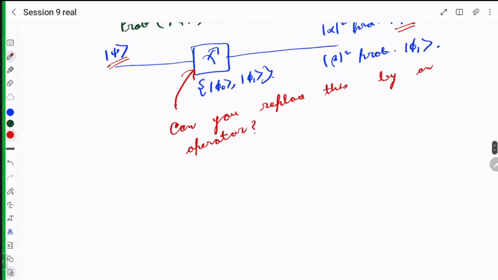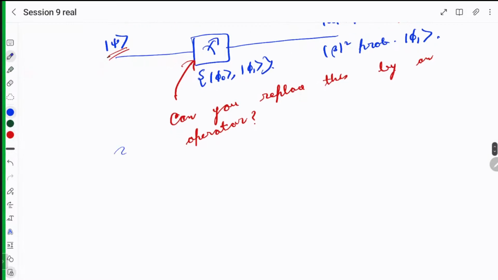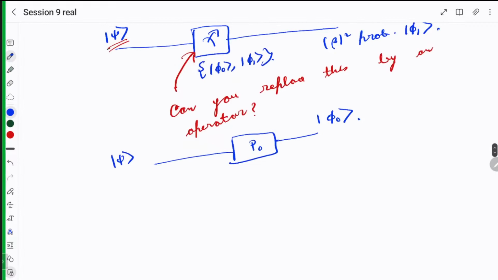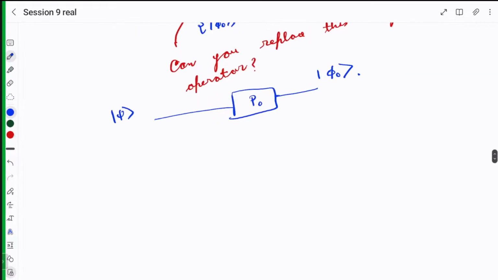So basically, can you do the following? Let's say we get psi, and then instead of this measurement device, I'll put an operator P naught, and can that give me some phi naught? So can I find such a P naught? Basically, what I'm asking is, I need P naught acting on psi to give ket phi naught.